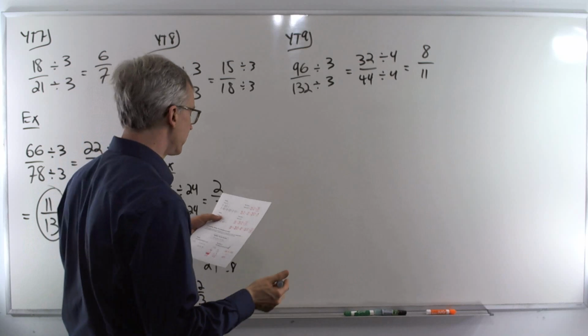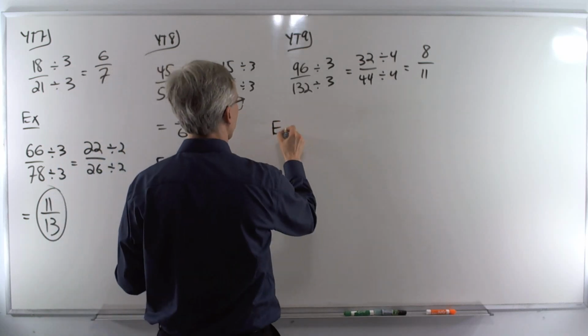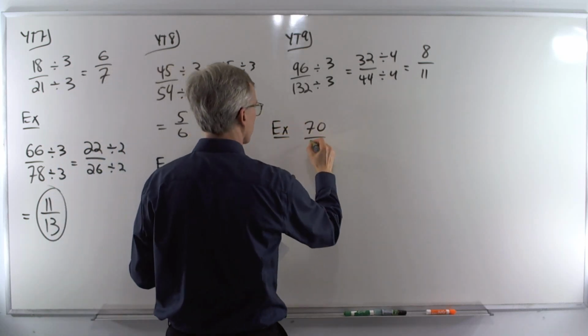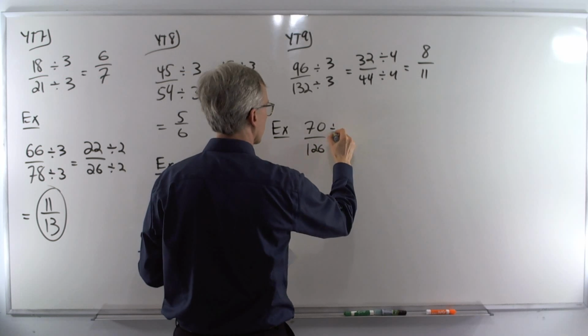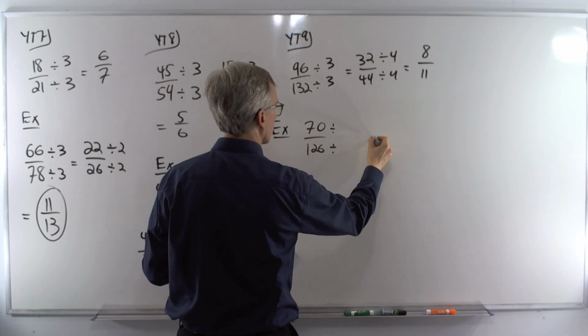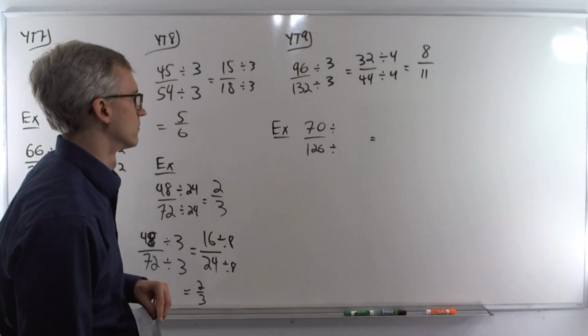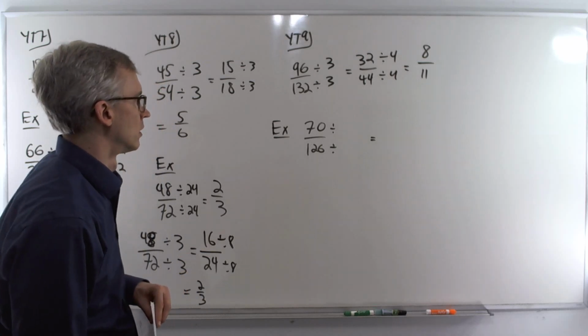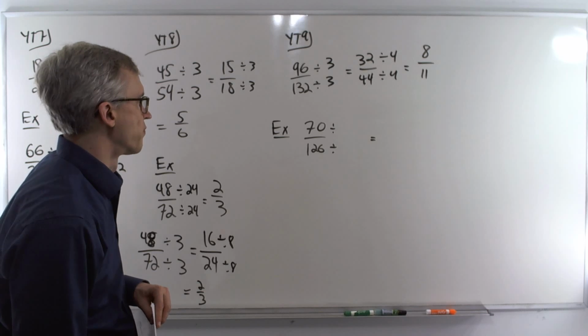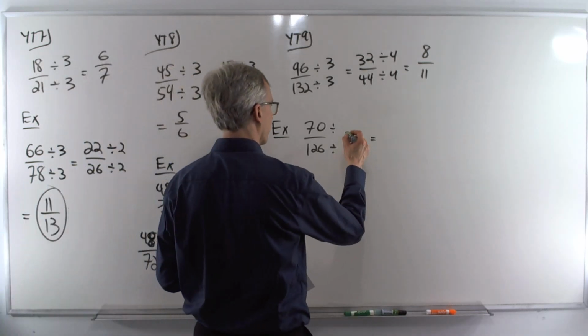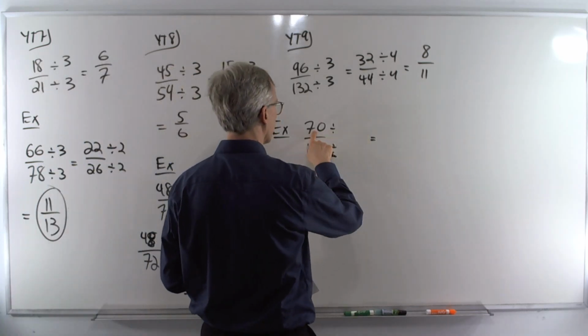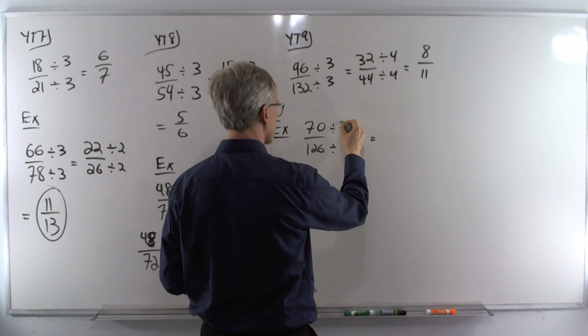Next example, 70 over 126. Let's try dividing by 7. Clearly, 70 is going to divide by 7.